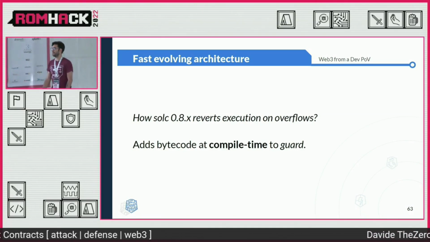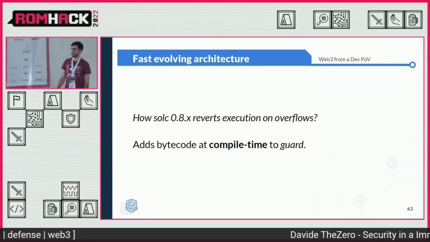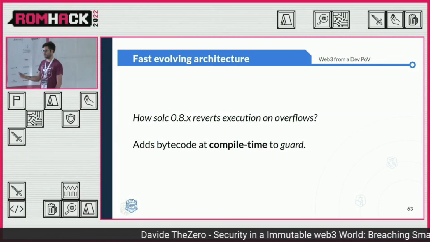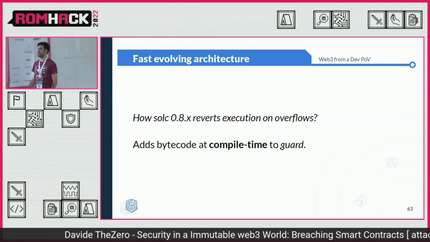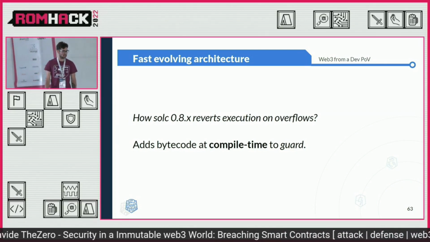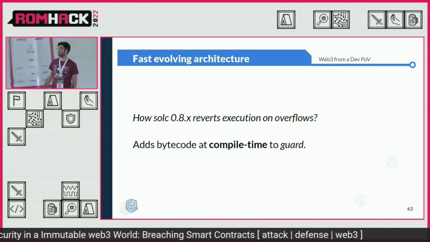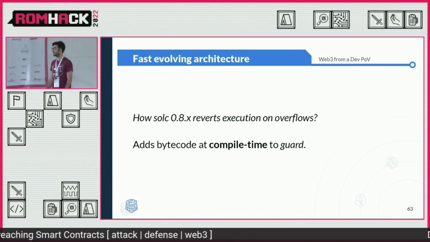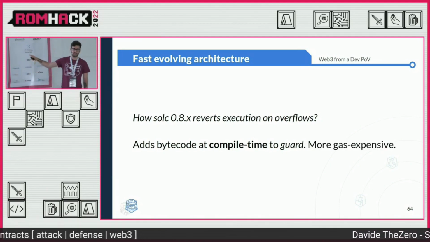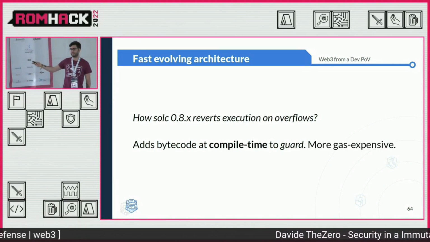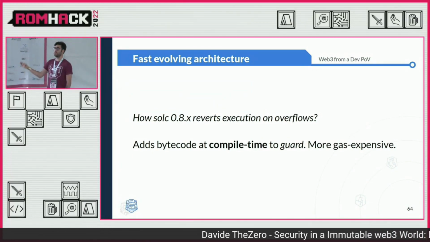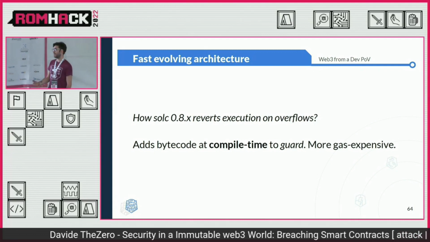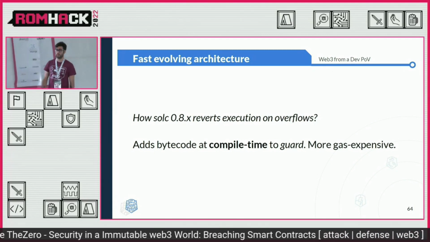Basically, it adds new bytecode at compile time that guards against this kind of scenario, like a stack canary. And this version of Solidity is pretty new, and it came out this year. And adding this new bytecode is obviously more gas expensive, because every bytecode and every instruction that is executed in the EVM uses gas.